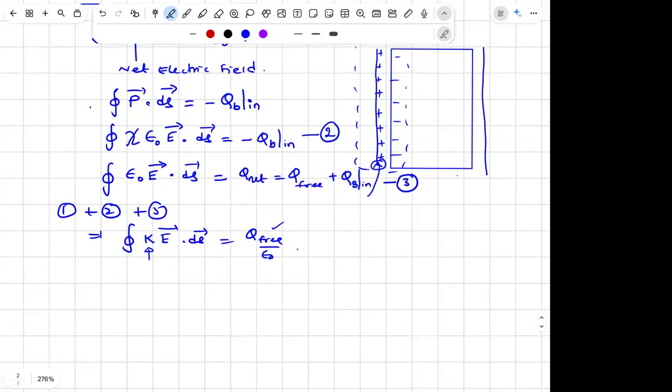Right. And some important cautions based on the writings. When you are allowed to use this: not for any dielectric, this is used only for homogeneous isotropic dielectrics.